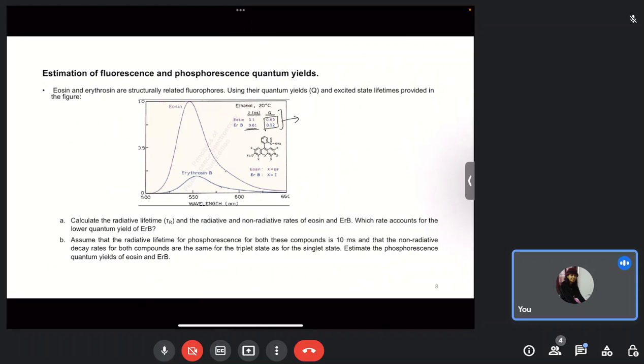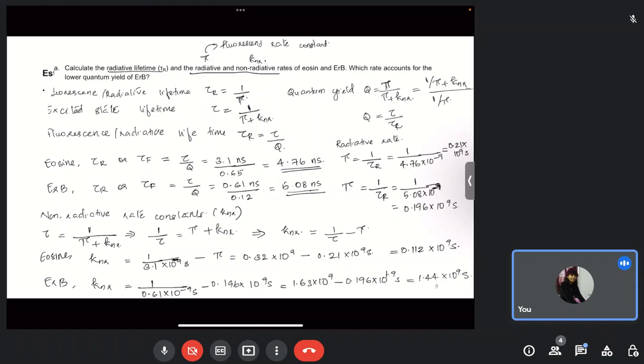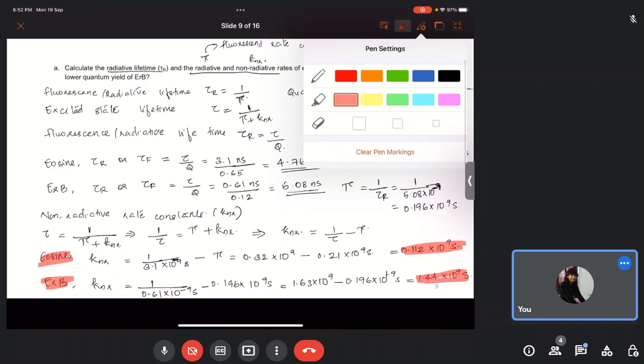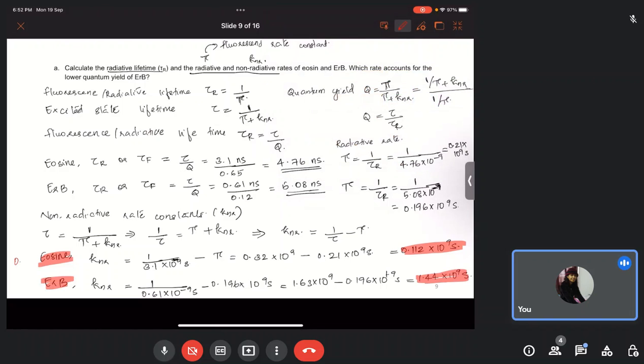The quantum yield of eosin is higher than erythrosin because the non-radiative decay rate of erythrosin is higher compared to that of eosin. If you look at the quantum yields, this is 0.65 and this is 0.12. That's why erythrosin has a lower quantum yield compared to eosin.